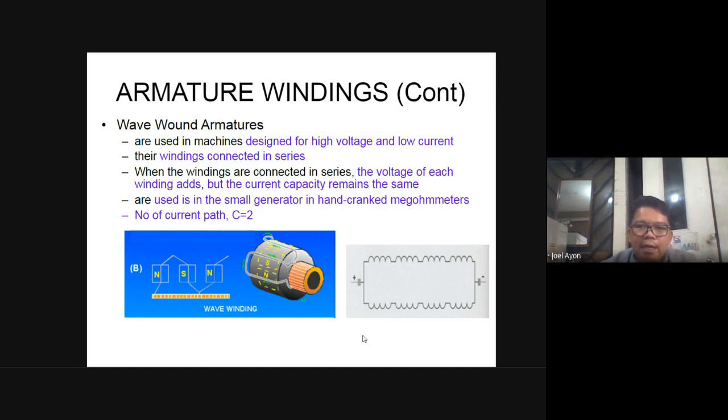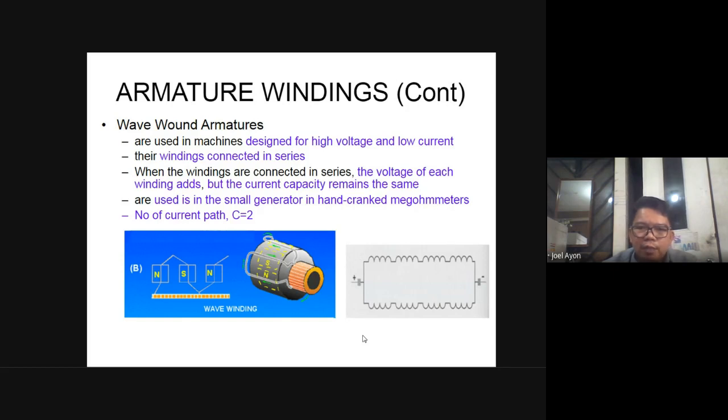Then, for parallel, class, take note of this because this is a very basic principle. It can be applied in almost all devices. These principles apply not only in resistors but also in electric motors or DC machines.